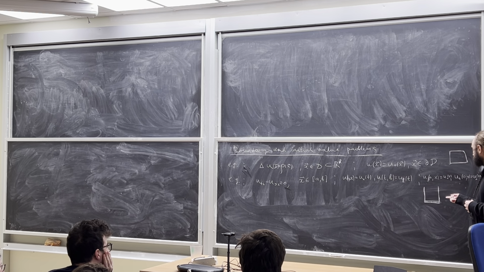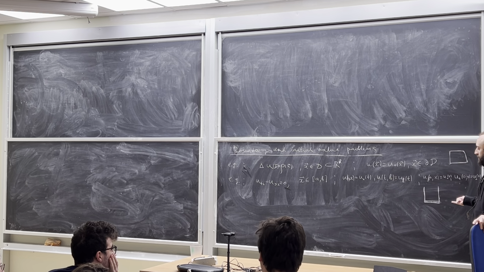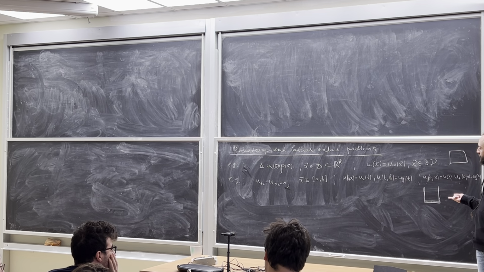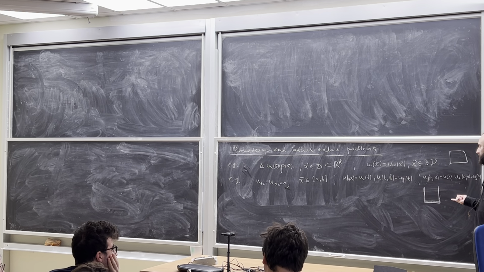It's also dictated by mathematics, because if you try to consider this problem, sometimes it will not have a solution. Actually, it will happen at the same time that it will not have a solution for some initial values, but if it has a solution for this initial value, then the solution will be non-unique.